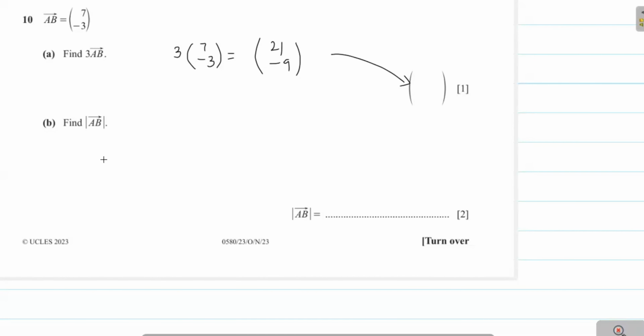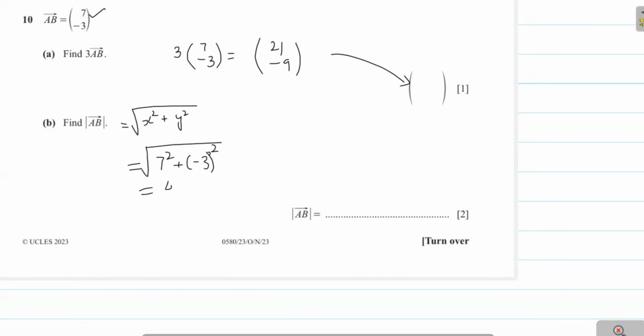Find the magnitude of AB. You see here the magnitude of vector AB. We can calculate it by using this formula: the square root of x squared plus y squared. This is the x component here, and that is 7 squared. And that is y, minus 3 whole squared.